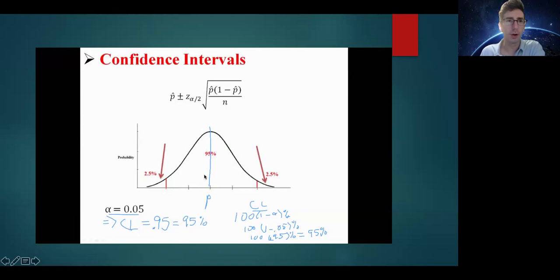And these are our Z alpha divided by 2, probably a little hard to see. Z alpha divided by 2, right? So if 95% of all of our possible sample proportions fall in between these two values that we can find, then what are we saying? We're saying that we're 95% confident, right?